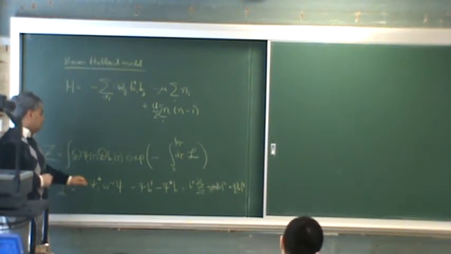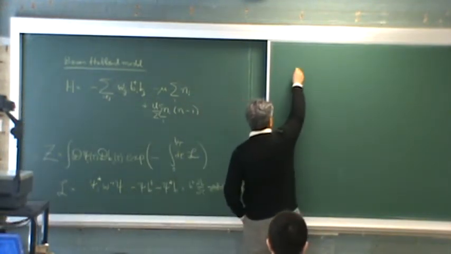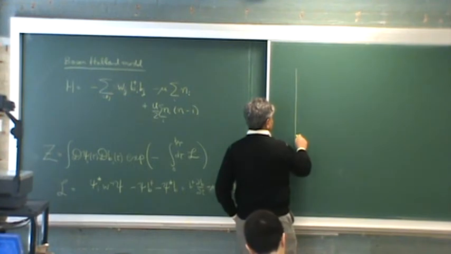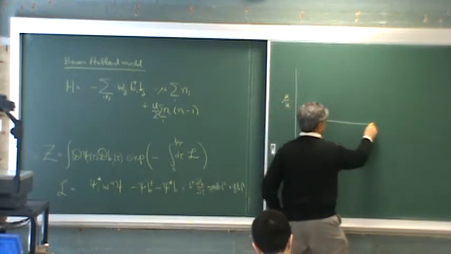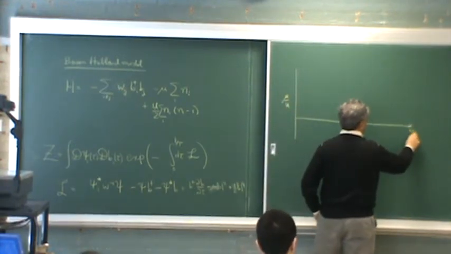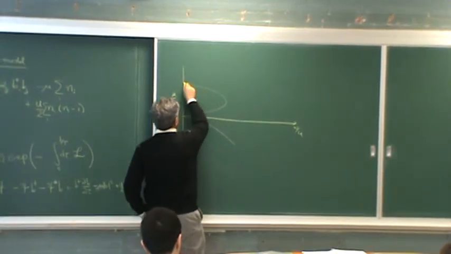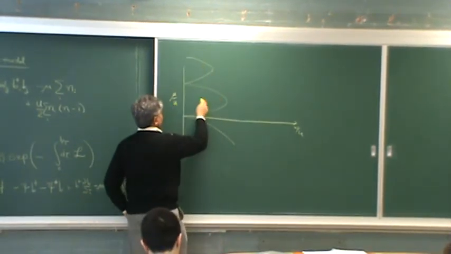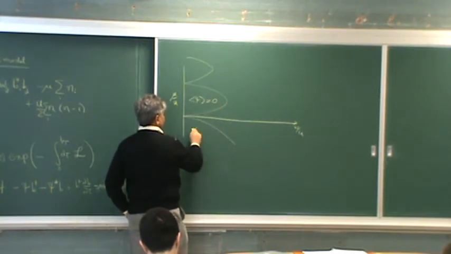All right, so we worked out the phase diagram of this kind of theory, and I won't dwell on all the details, but there was mu over U here, and W over U on this side, and there was some lobe-like structure where psi was equal to 0 inside the lobes.